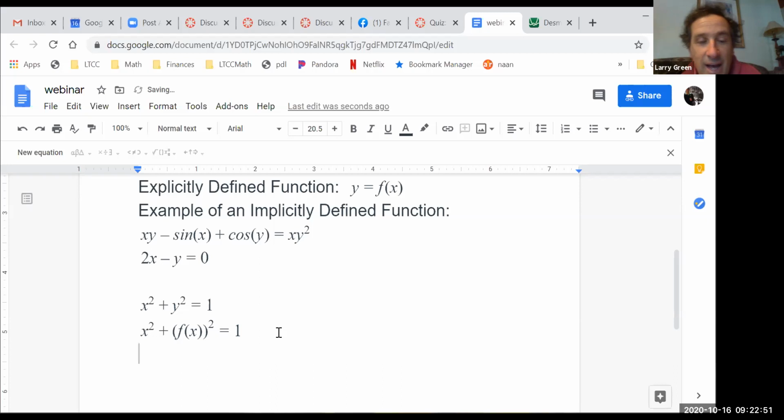Okay, the next step is what I like to call the golden rule of mathematics. Have you heard of this before? What's the golden rule of mathematics? What's the golden rule of life? That's something you should have heard.